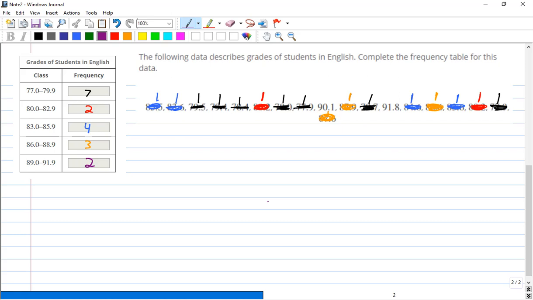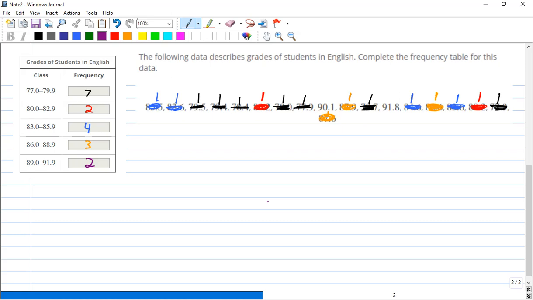Number 18, it looks like on that one the table did copy over. Okay, so we are going to have to fill that out, right?